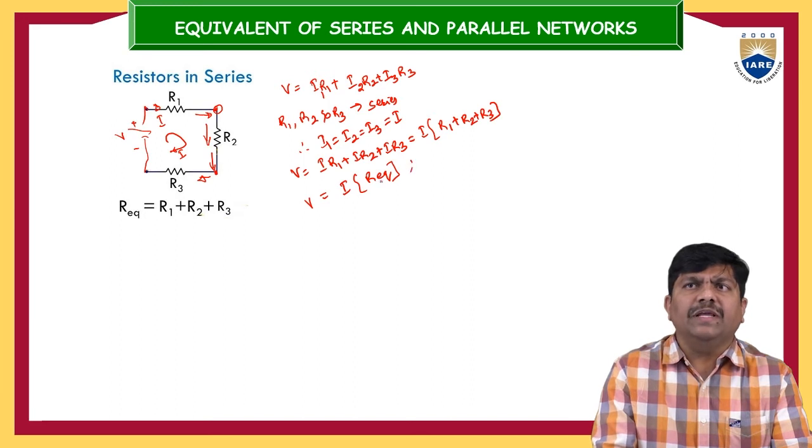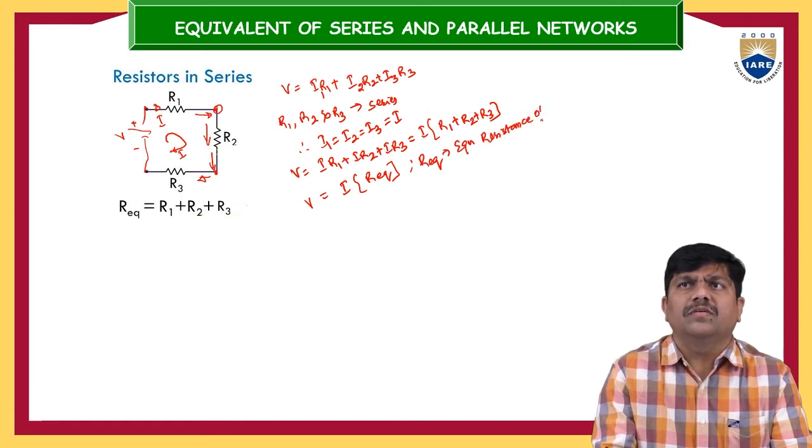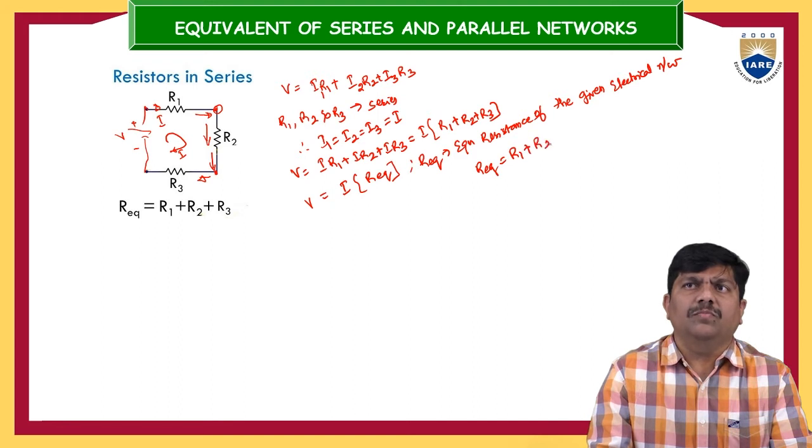R equivalent means the equivalent resistance of the given electrical network. So R equivalent is nothing but R1 plus R2 plus R3.